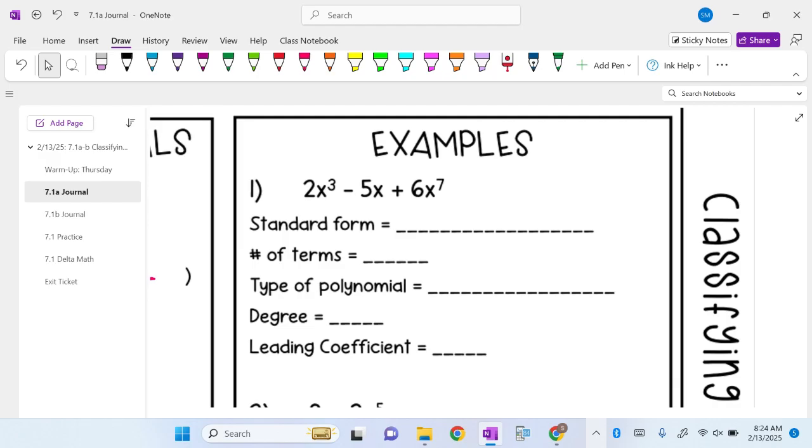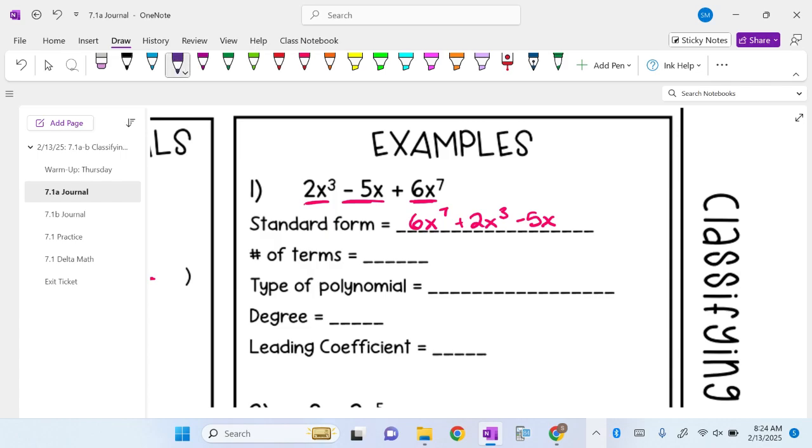So out of those 3 terms, here, here, and here, what would go first? 6x to the 7th, because that's our highest exponent. What will go next? 2x cubed, so plus 2x cubed. And then the negative 5x is our last term.